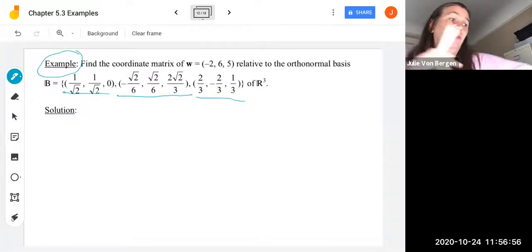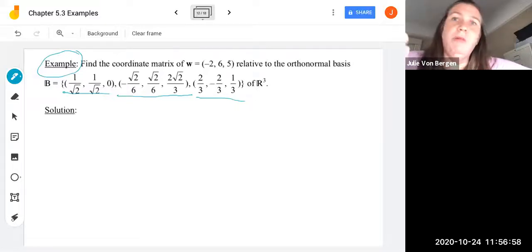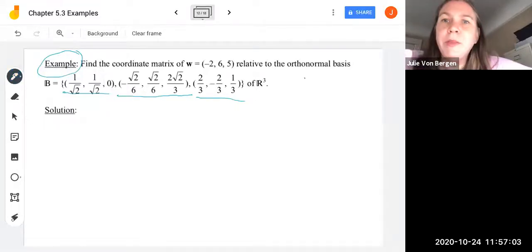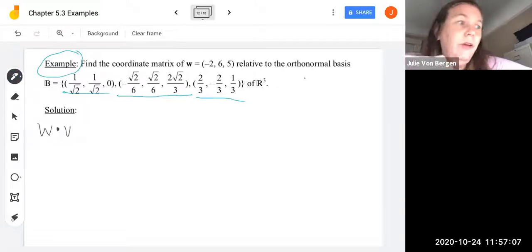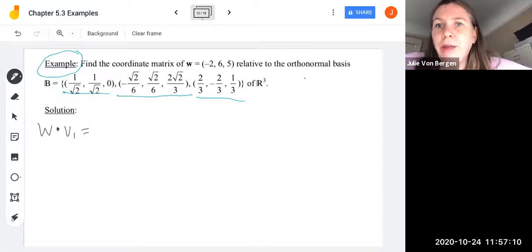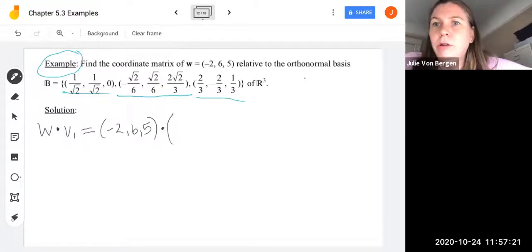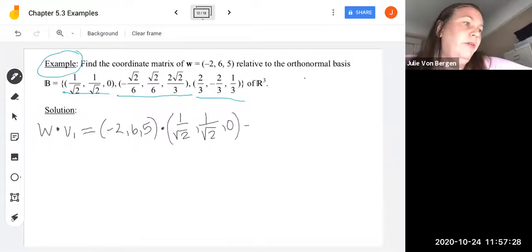All right, so I got to do some dot products here because we're in R3. That's our inner product. I'll switch to the black color. It might be easier to read. So my first dot product is W dotted with V1. So W is (-2, 6, 5) dotted with V1, which is (1/√2, 1/√2, 0).